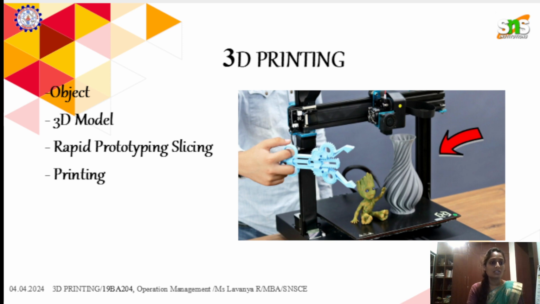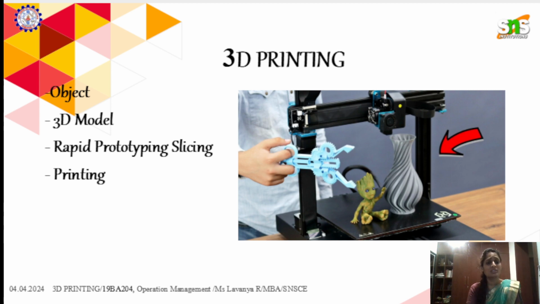Apart from objects and 3D modeling, we also do rapid prototyping slicing, like how we saw about sequential layering. This prototyping slicing happens very rapidly, so it is called rapid prototyping slicing. And finally, printing. Be it objects, 3D modeling, or rapid prototyping slicing, the final product will be printing.